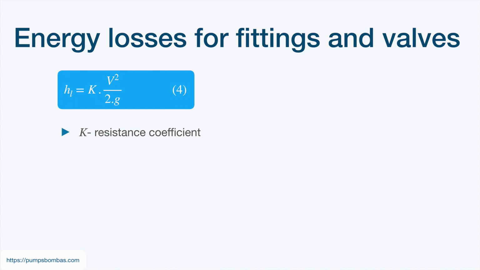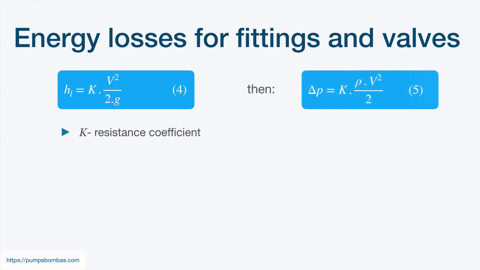A butterfly valve or a globe valve or a gate valve will have a different value of this K resistance coefficient, and multiply this by the kinetic energy expressed as energy per unit of weight. If we want to calculate the same but in terms of differential pressure, it is the same, multiply K by the kinetic energy expressed as energy per unit of volume, I mean in unit of pressure: rho multiplied by square velocity divided by 2.